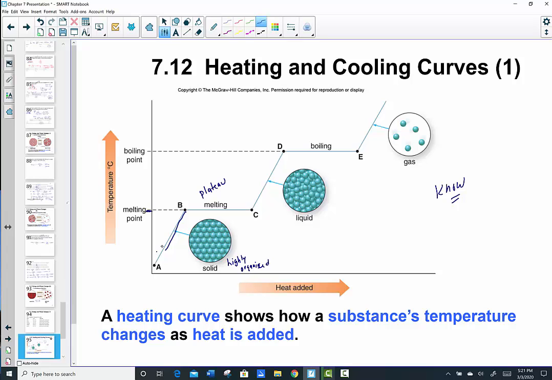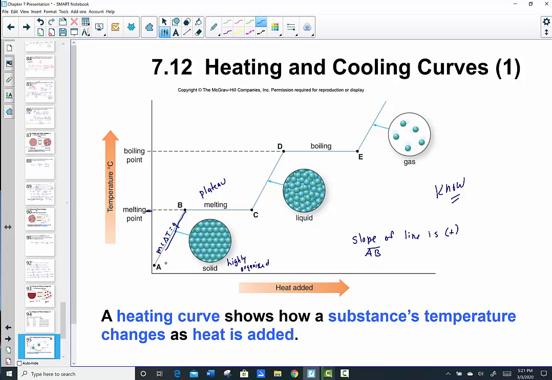So here we have an mc delta T problem, right? So when the energy that we're adding is actually being used to change the temperature, we have a slope of the line. So let's say the slope of the line is positive, as line segment AB is.